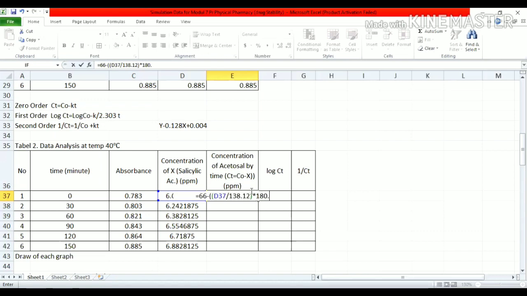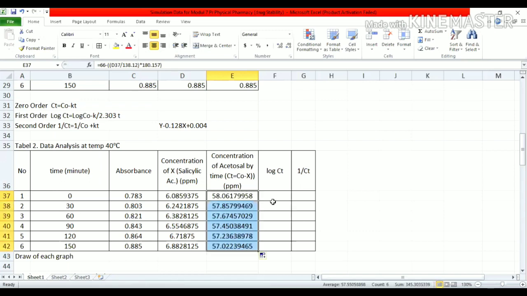And we also analyze this Ct to the log number because we want to know if the reaction will follow the first order reaction. As you can see here, if the reaction follows the first order reaction, we have to make a regression between t, or the time, as the x-axis, and the y-series is the log concentration of acetosol by the time.